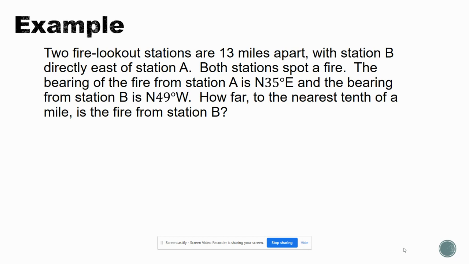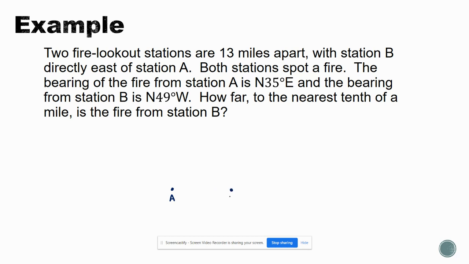So I would start off by drawing a picture to represent this situation. Notice that they're telling us that the two fire stations are 13 miles apart, and that station B is directly east of A, which means station B is to the right of station A. So I'm going to put station A here.